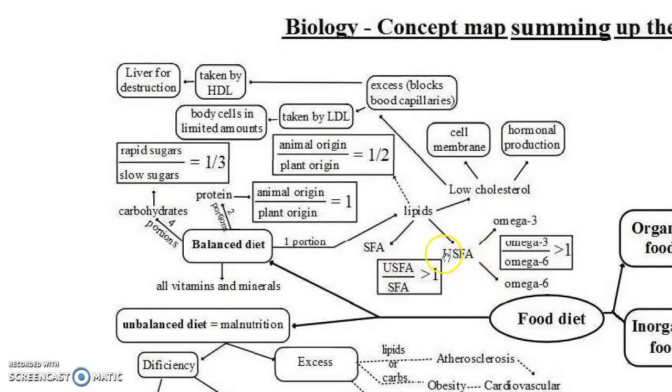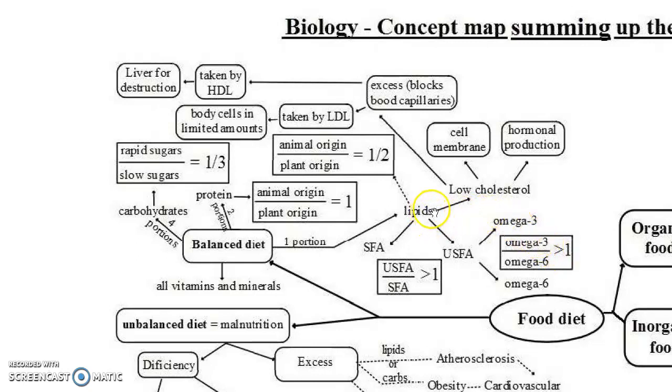Also, the main unsaturated fatty acids are omega 3 and omega 6, which are main fatty acids needed to build up our cellular membrane and body function. And the omega 3 ratio over omega 6 should always be more than 1.